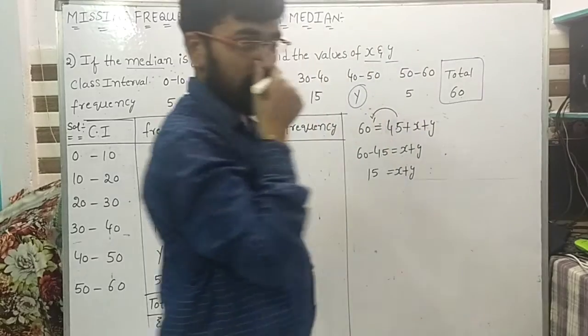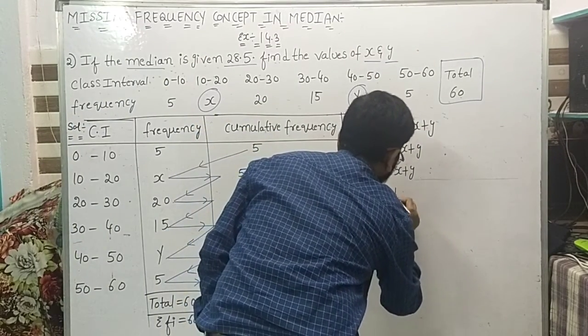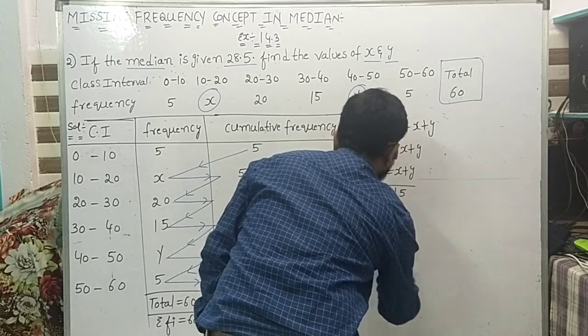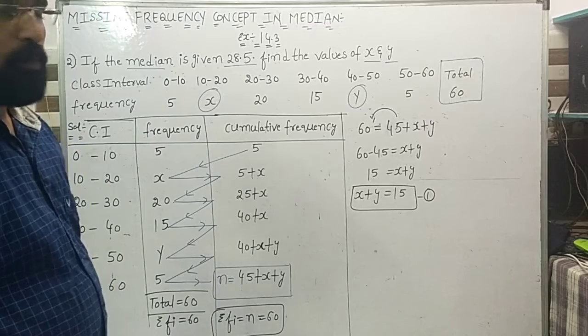Writing it in proper order, x plus y equals 15. Give it as equation 1.